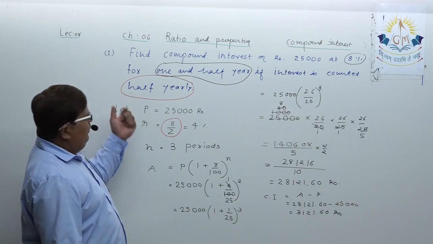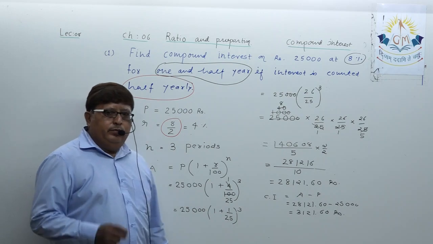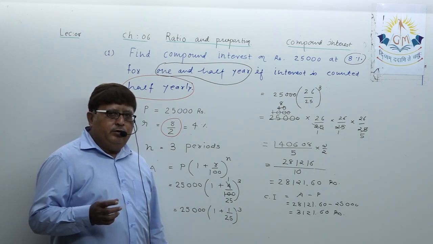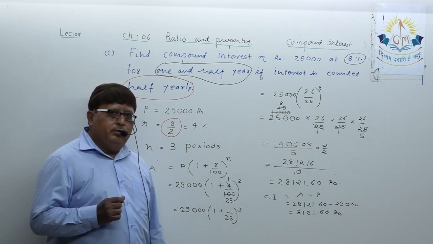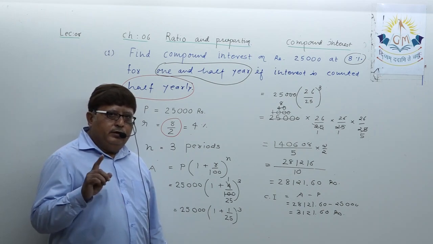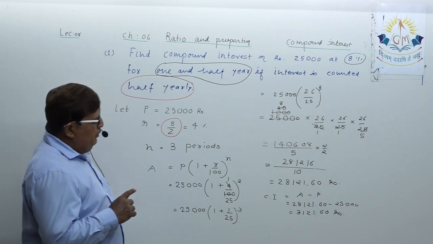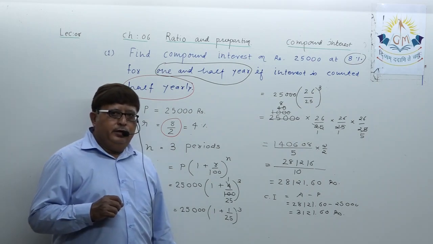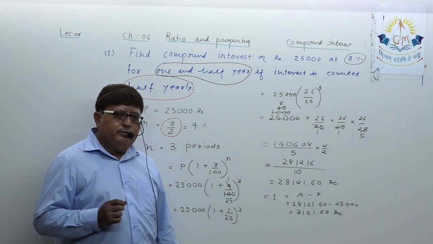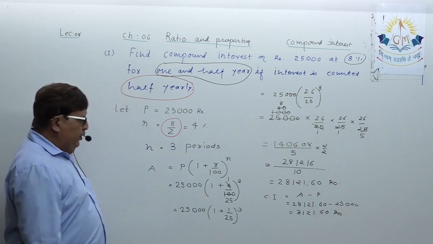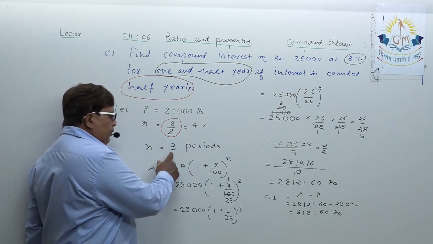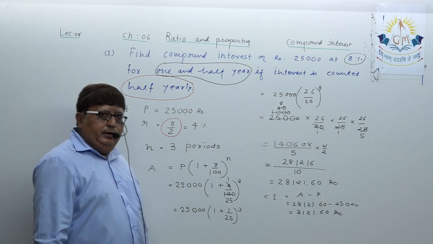Always, whenever you come across such an example where interest is to be counted half yearly, you need to concentrate on a few points. That is, the principal need not be altered at all. What needs modification is the rate of interest and the period, and here you never need to write years.